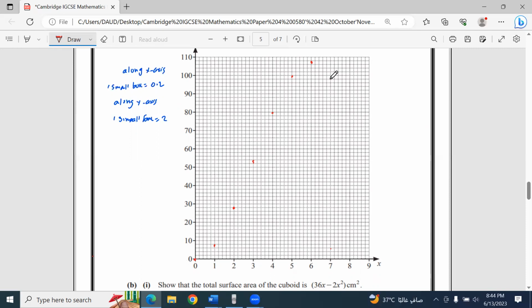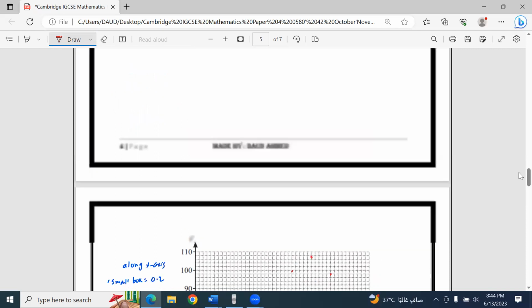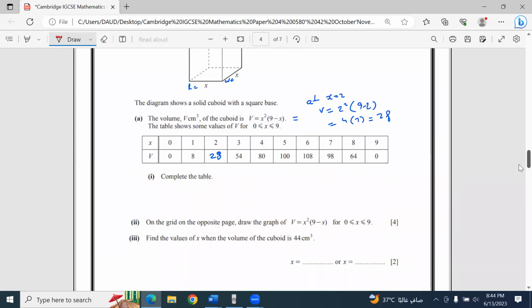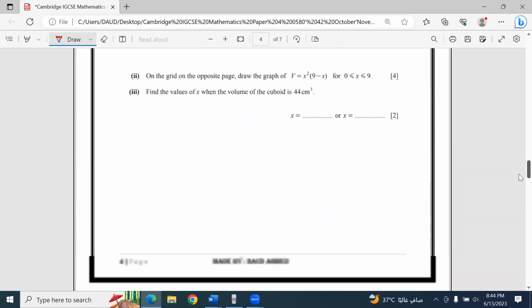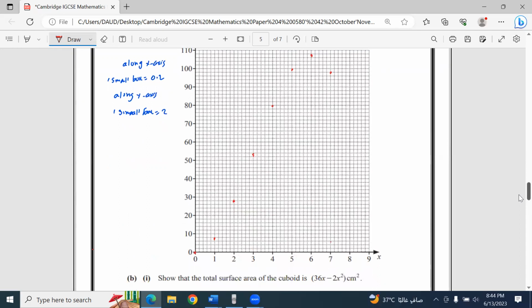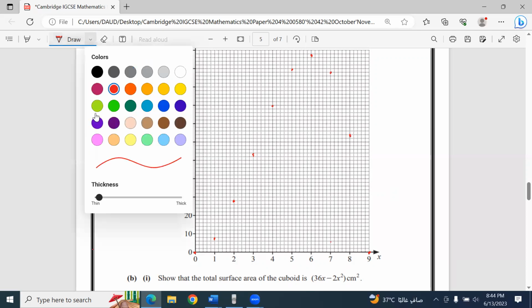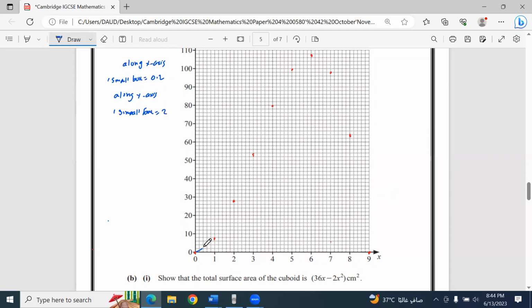This is the point where we have 98. And at 8 it is 64. You can plot directly here. At 8, 64, so go up, after 60, 2 boxes. Once you plot all, then connect all these, that is your curve. But remember, don't use a ruler.